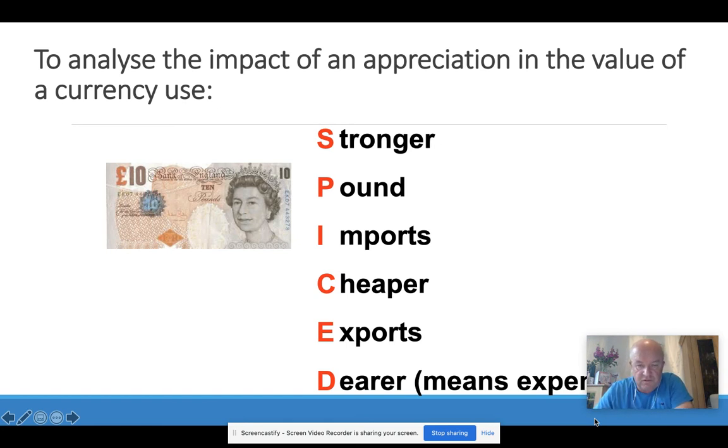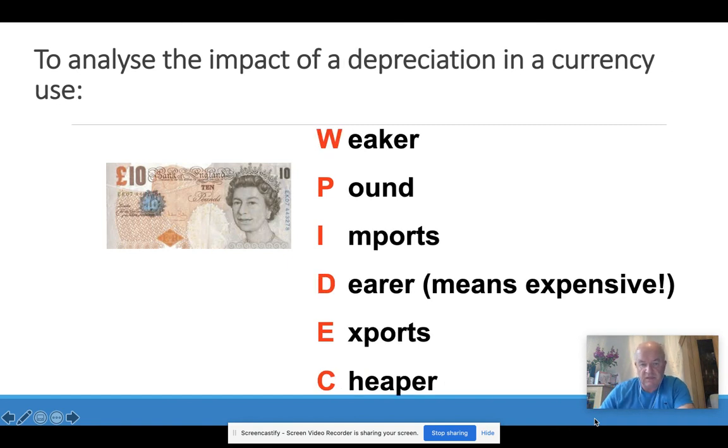There is another one to remember, which is sort of the opposite, but it's quite a nice one to remember too, and that's WIPI-DEC. In that instance, if we've got a weaker pound, if our pound isn't worth as much as it was previously relative to another currency, then imports are going to be dearer, more expensive, and exports are going to be cheaper. So that's going to have an impact on international trade.